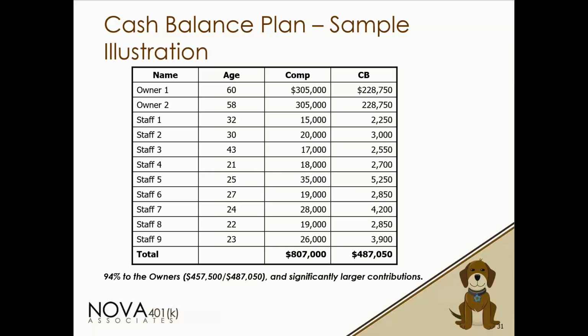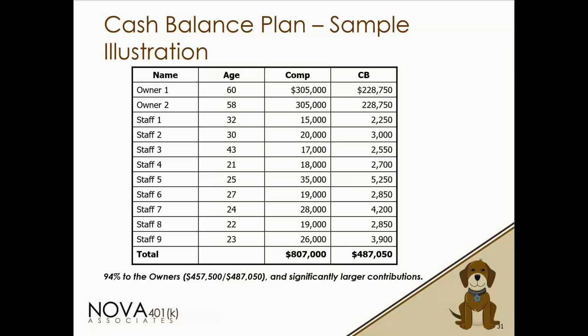This has to pass non-discrimination on its own without the aid of an additional plan. So we are giving 15% to the staff, 75% to the owners.